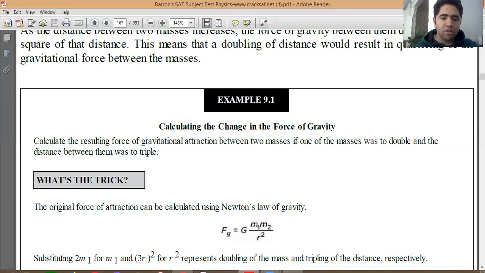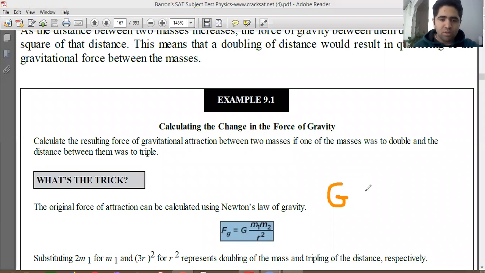So you go to m1 or m2, and instead you say 2m1 or 2m2. And in the r, you remove the r and put a bracket and put 3r. So you will say G times 2m1 m2, and you put bracket 3r because he said triple, 3r squared.